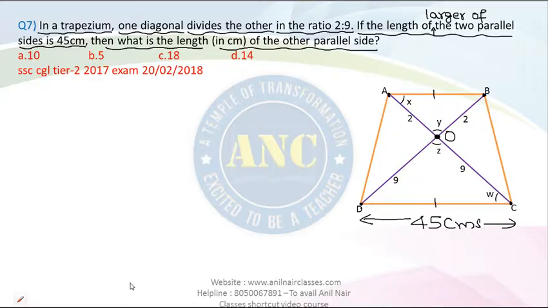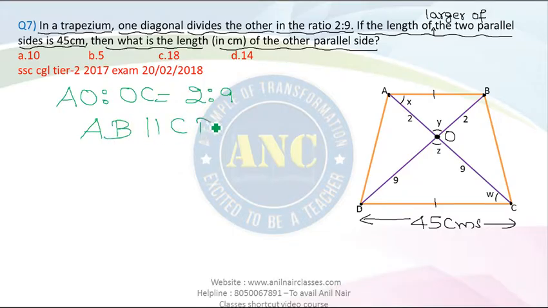Now, basic understanding says that in this question AO is to OC is 2:9, and we know that AB is parallel to CD.